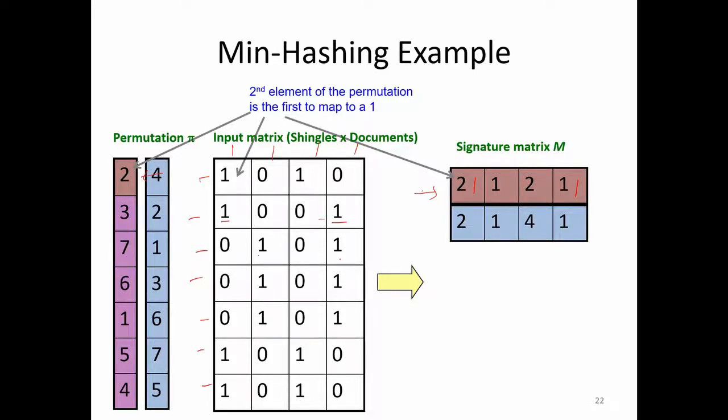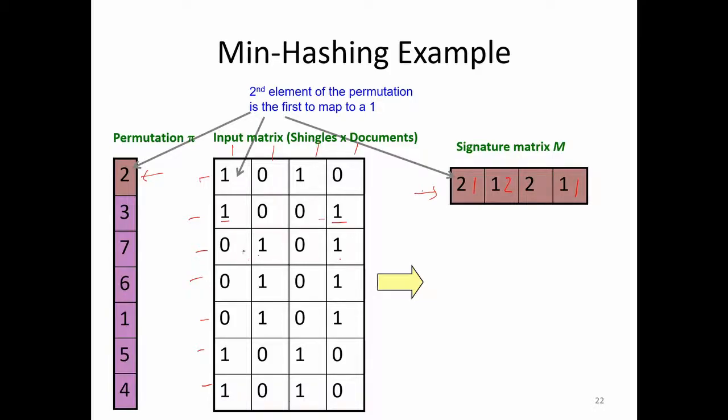This one becomes 2. For 3, this one is 1 and this one is 1, but the first one here has already come. Then comes 7. So let us see 7. This one is 1, so this becomes 3.